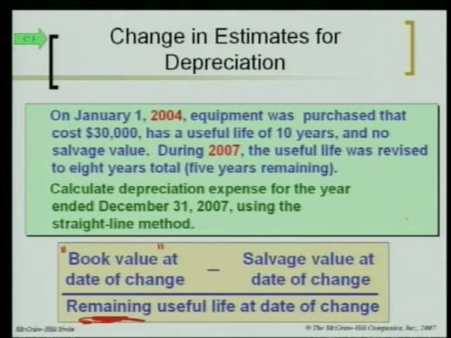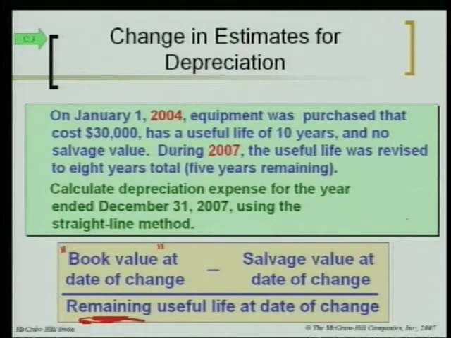In 04, 05, and 06, we depreciated $3,000 each of those years, correct? You with me? So what is our accumulated depreciation at the beginning of 07? We've depreciated 3 years, 9,000. We've depreciated 9,000 at the beginning of 07, right? You with me?